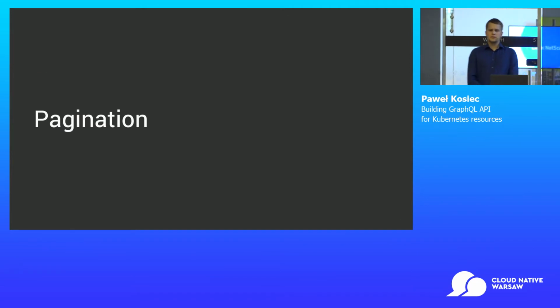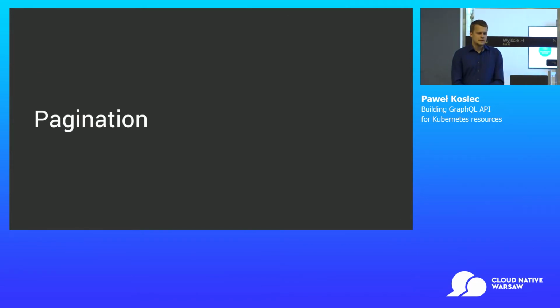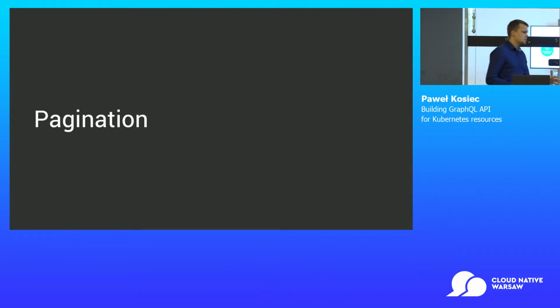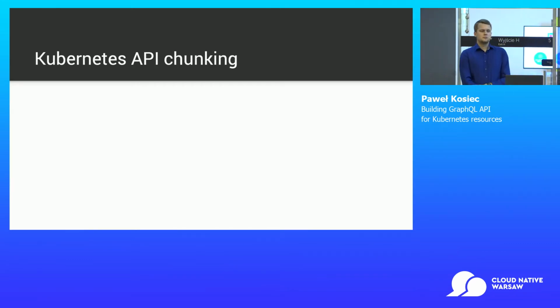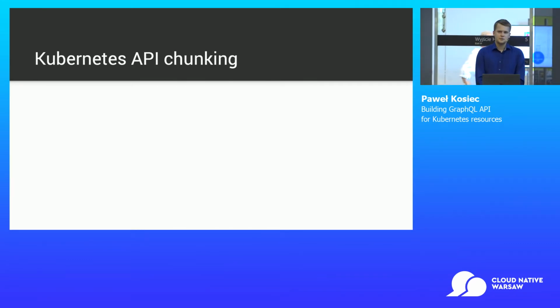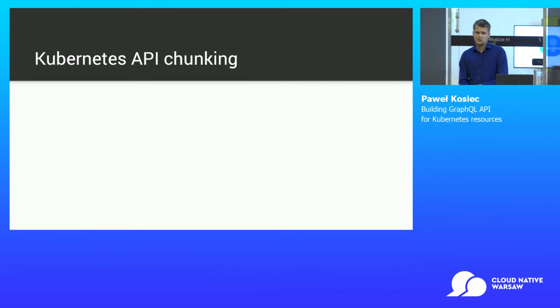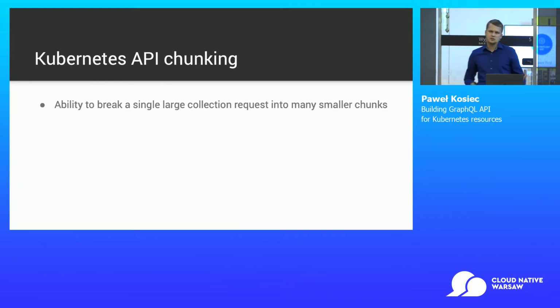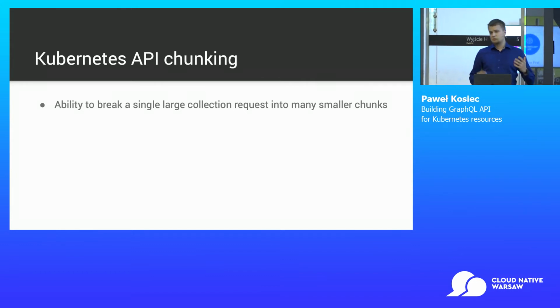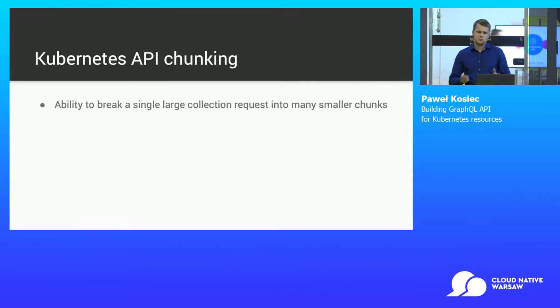All right. Now it's time for pagination, and let's take a look at what the Kubernetes API server offers at the beginning. We have a feature called Kubernetes API chunking, which is the ability to break a single large collection into smaller pieces.